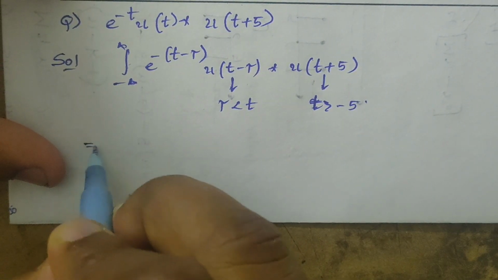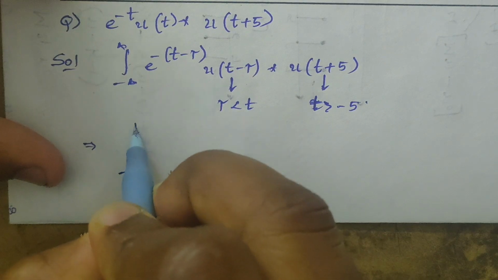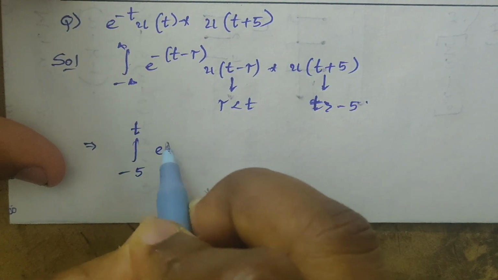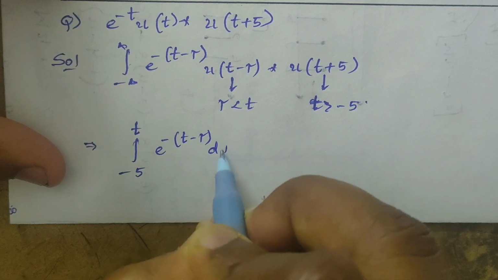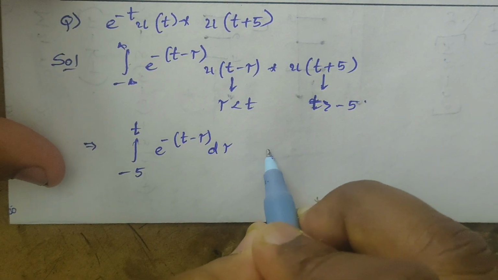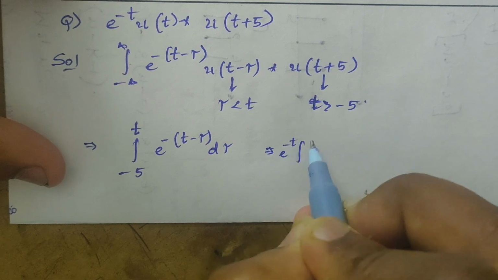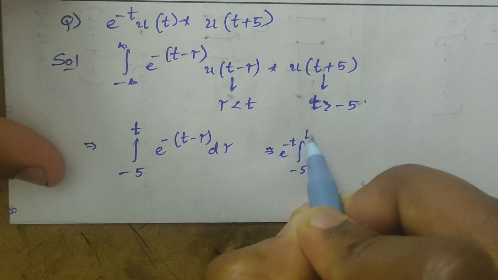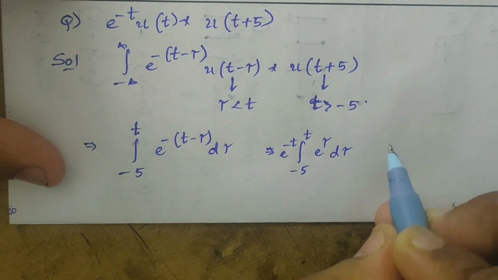Now you can write it as integration minus 5 to t e power minus (t minus tau) into d tau. You can write it as e power minus t integration minus 5 to t e power tau into d tau.